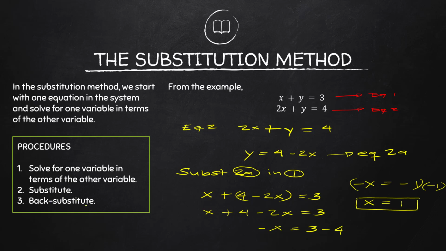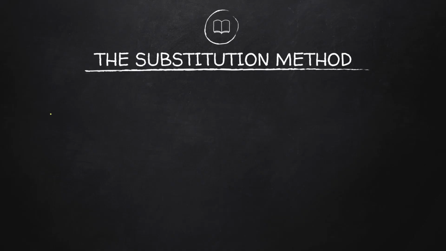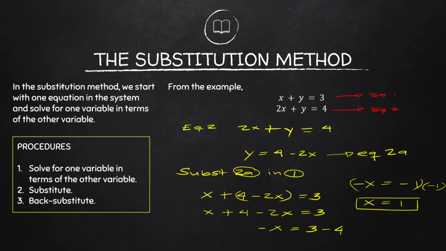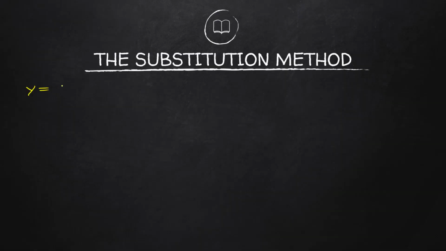The third part of the procedure in the substitution method is to back substitute. Once we obtain a value for one variable, we can now solve for the value of the others, in this case, the value of y. From equation 2a, y is equal to 4 minus 2x.